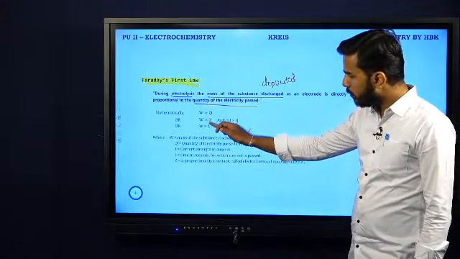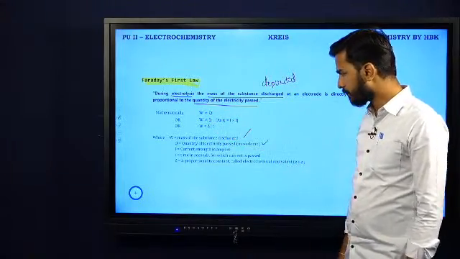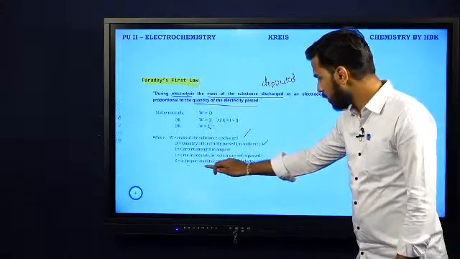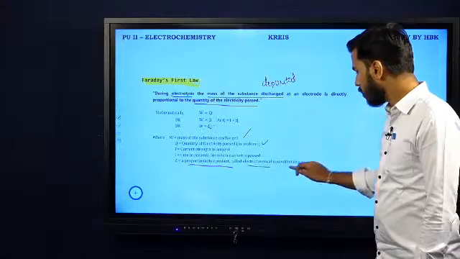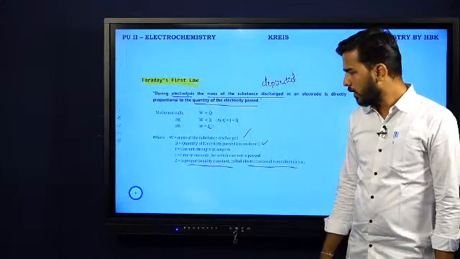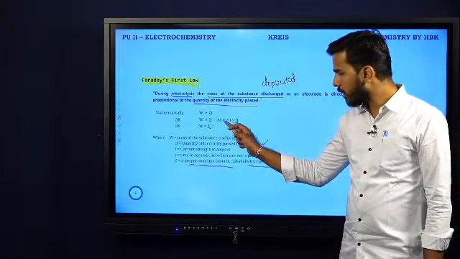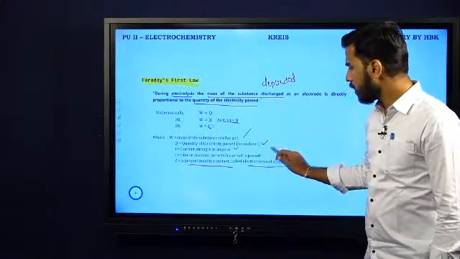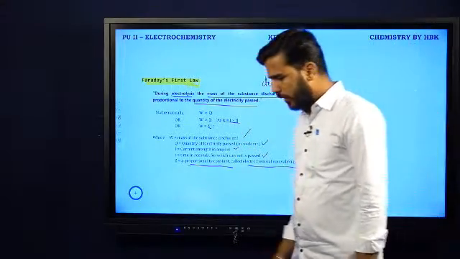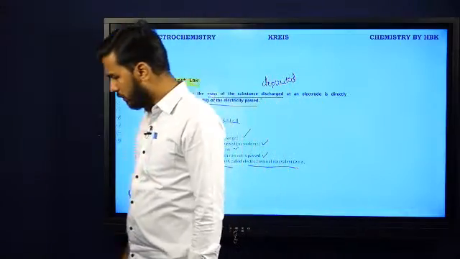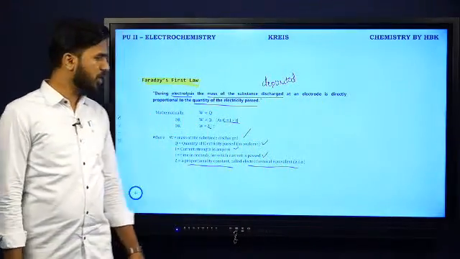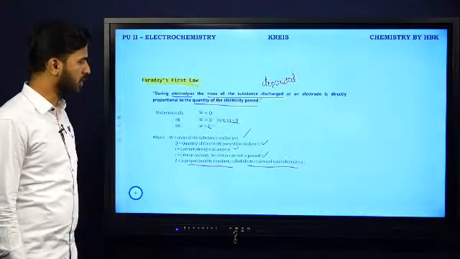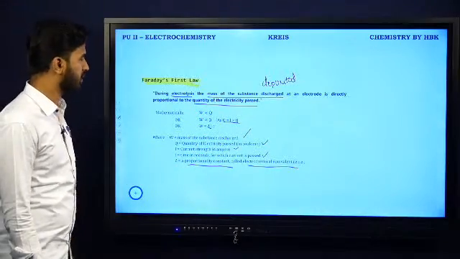To remove the proportionality, we introduce Z, where Z is a proportionality constant called electrochemical equivalent. But we know that Q equals I into T, where I is current in ampere and T is time in second. Therefore, an expression for Faraday's first law is given by W equals Z into I into T, from W proportional to Q. This is Faraday's first law.